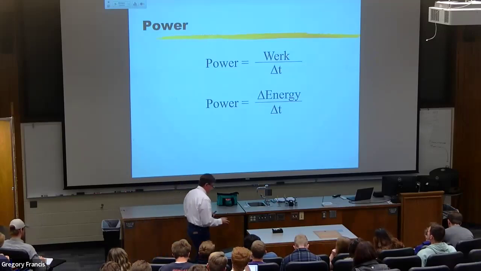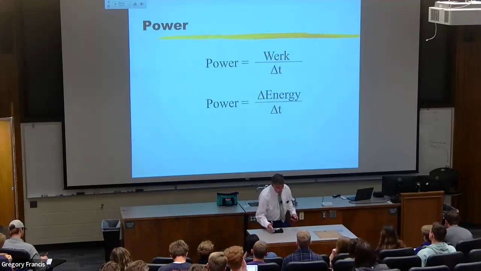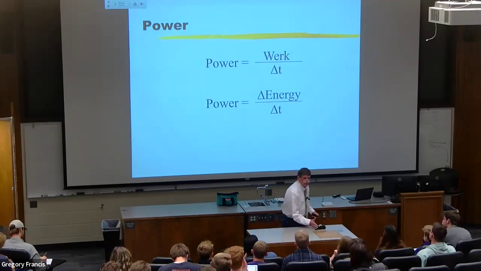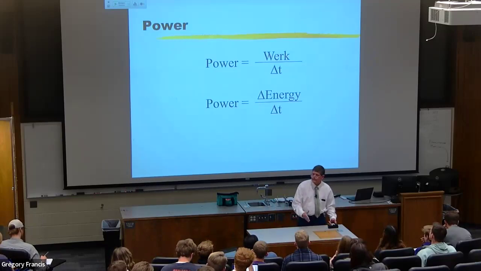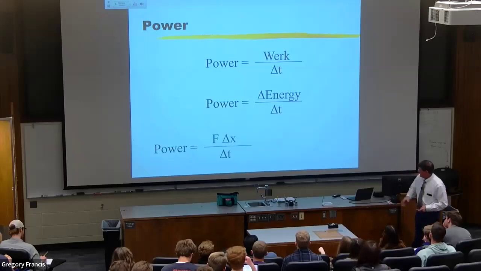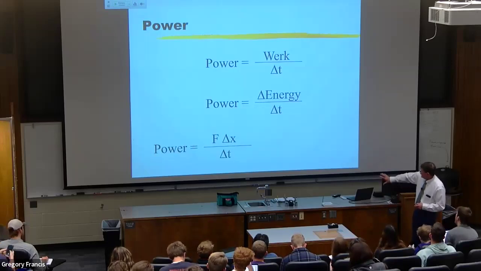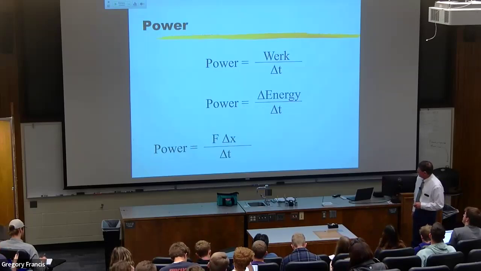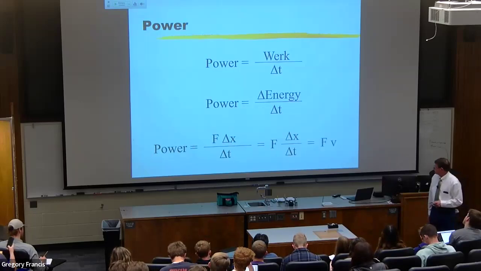Now, there's a special case that comes up fairly often, where you're pushing something on a rough surface at a constant velocity, and you're asked how much power is being supplied by the hand. Okay, in that case, we can take that formula for VERC, force times the distance, and we can associate that displacement delta x with the time delta t, and that's just the speed.